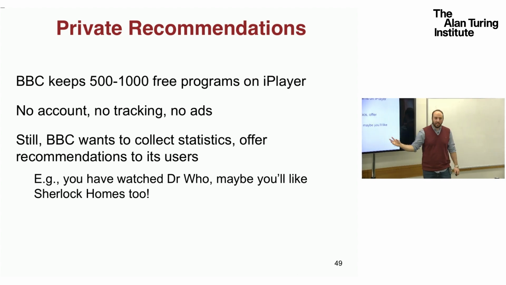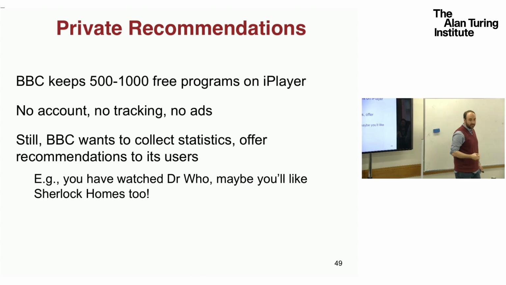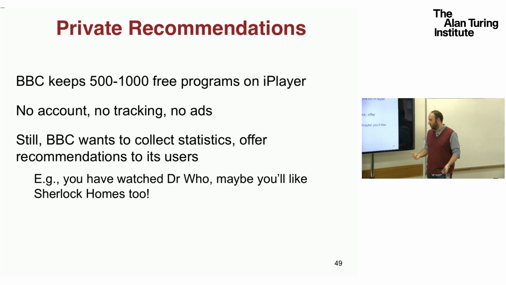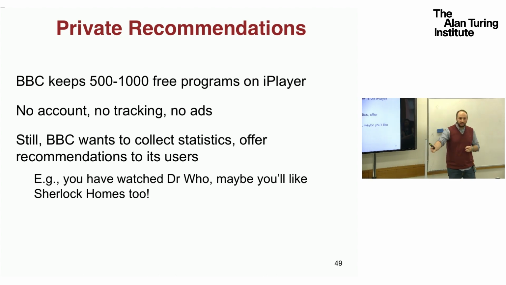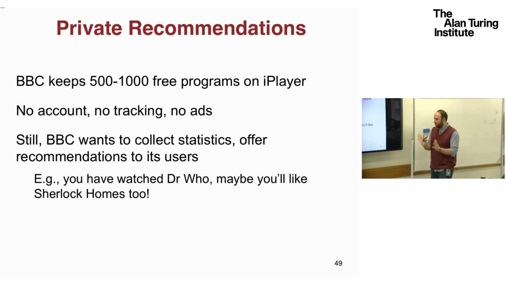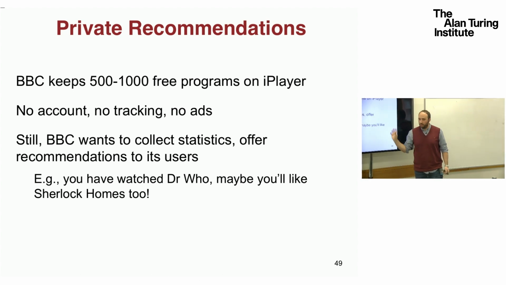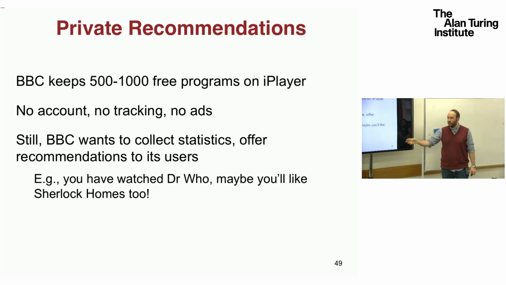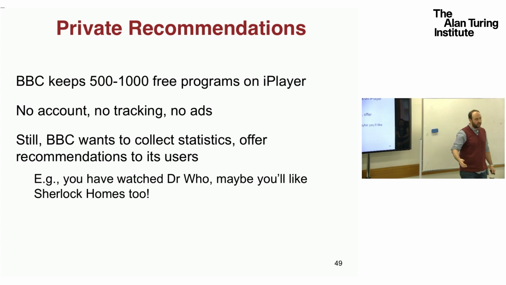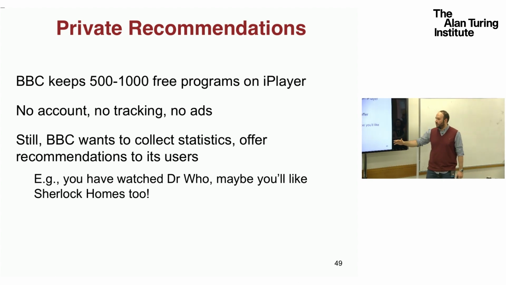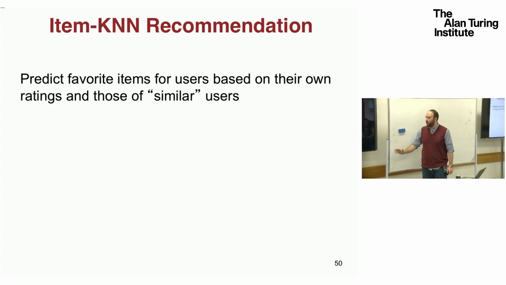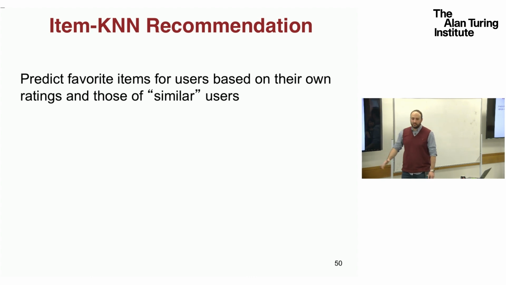But in this setting, you still want to be able to collect statistics, for instance to understand which program is successful and which is not, but also to provide recommendations to users. I'm oversimplifying, but for instance, if a lot of people have watched and liked Doctor Who and Sherlock Holmes, and you only watch Doctor Who, you get a recommendation: you might also want to watch Sherlock Holmes. There are many ways to do this, and I'm sure here at the Turing this problem has come up many times.